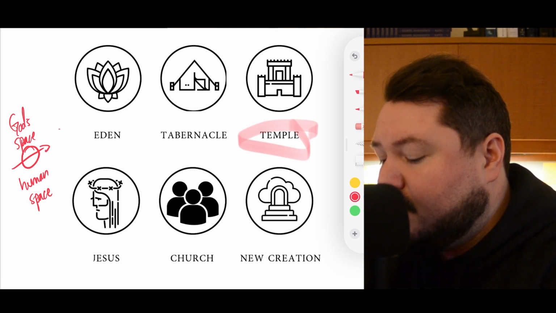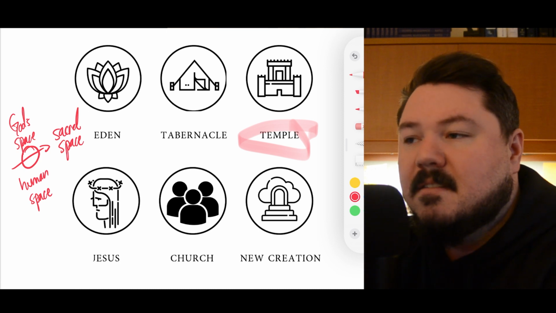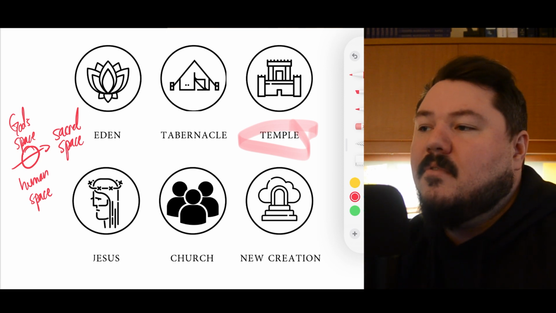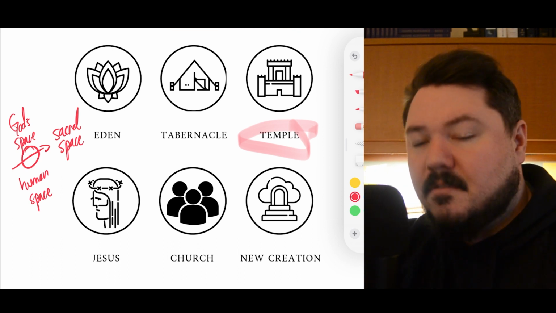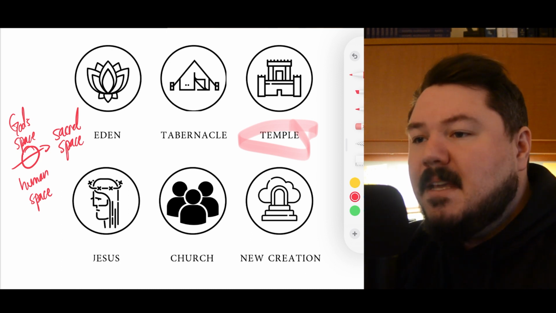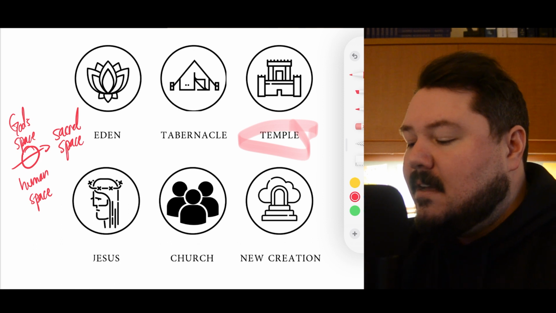And this is what we could call sacred space. Place where God's presence and human presence come together. And this is what the temple was all about. It was the house of Yahweh where he dwelled. And it was a place that enabled the people to be with Yahweh, their God.